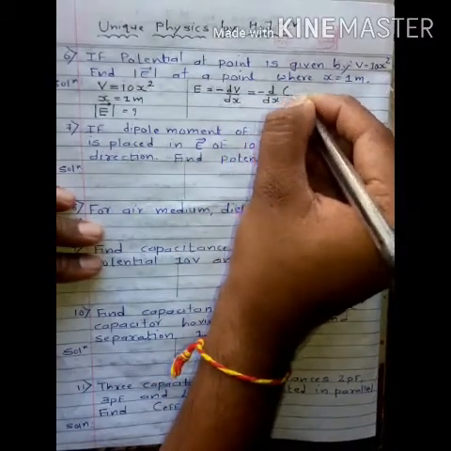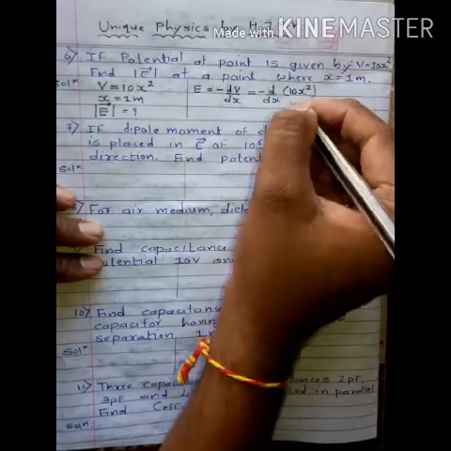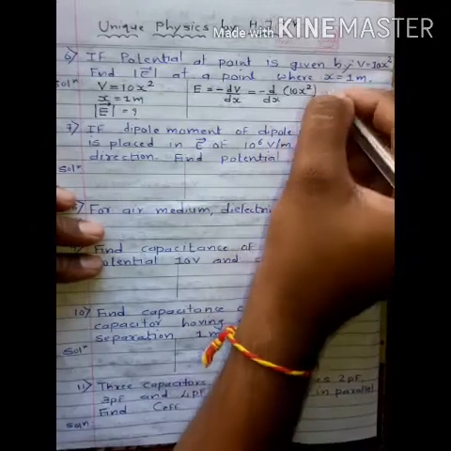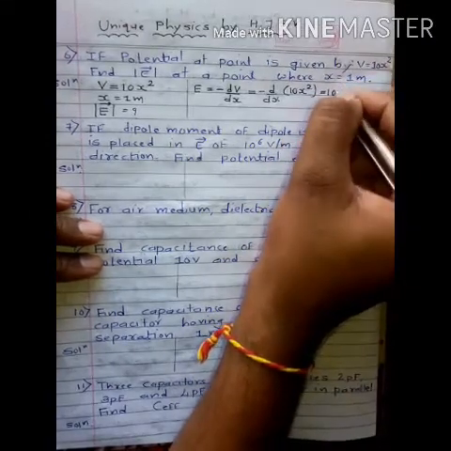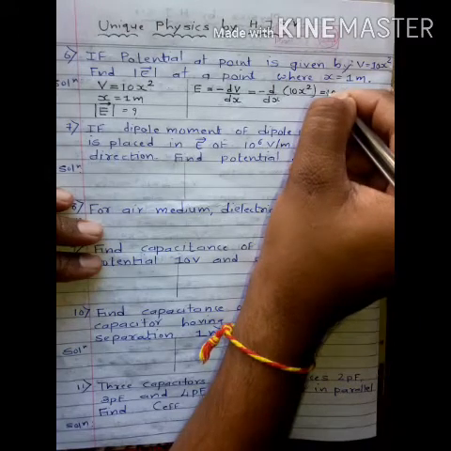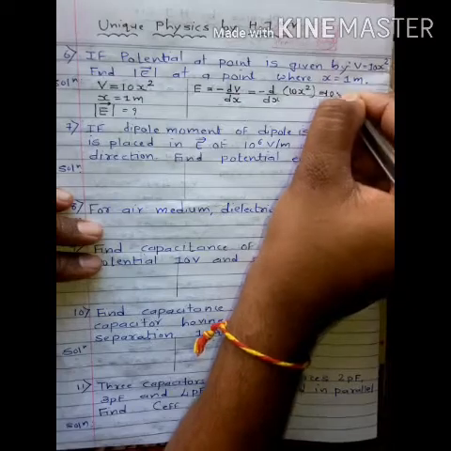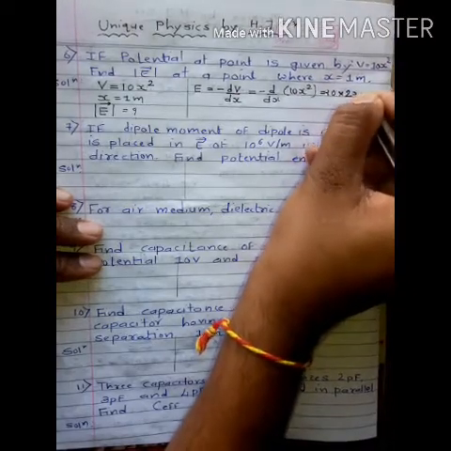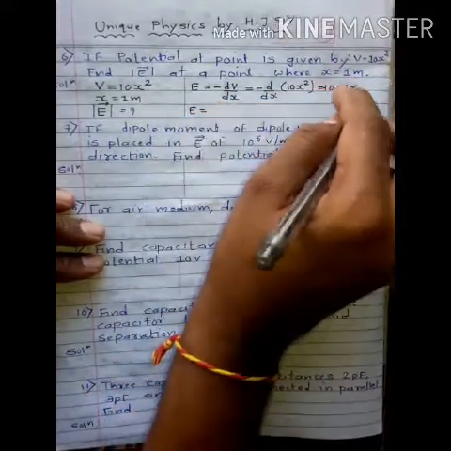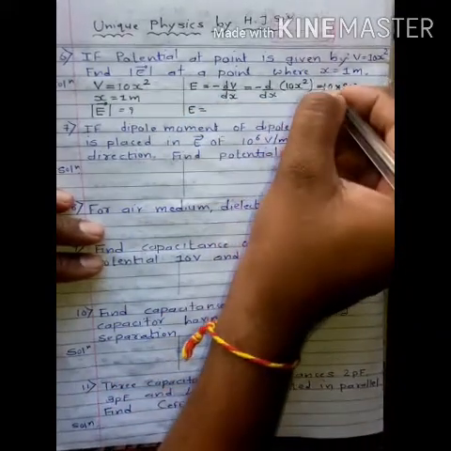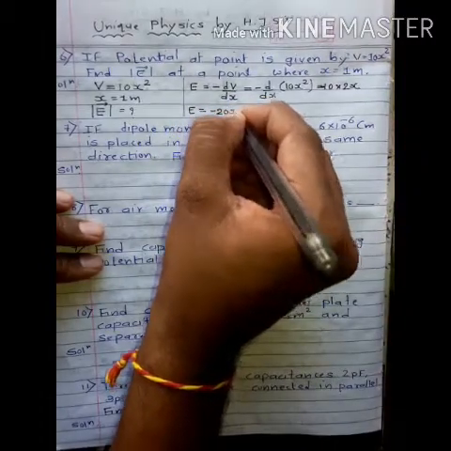V means 10x square. So here we have the derivative of x square. 10 is as it is, 10 is constant. Clear? Minus 10 is constant. So the derivative of x square is 2x. So our answer is E equals minus 10 into 2. Clear? This is minus 10. Means our answer is minus 20x.